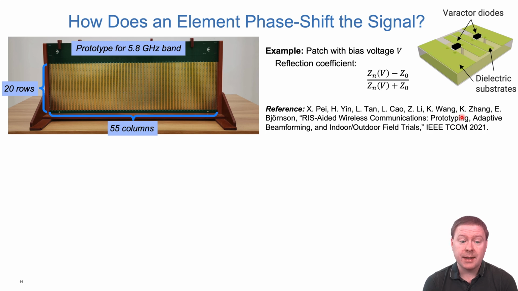But the important thing is that there is something called a reflection coefficient, which is determined by the difference between the impedance in the surrounding air, Z0, and the impedance that this circuit has. And depending on the differences here, we get a different phase shift and amplitude shift when the signal is reflected.